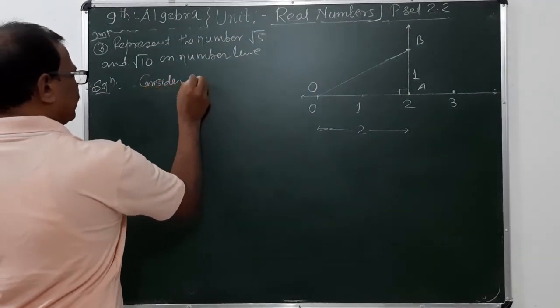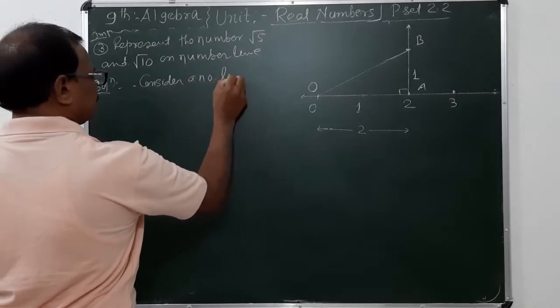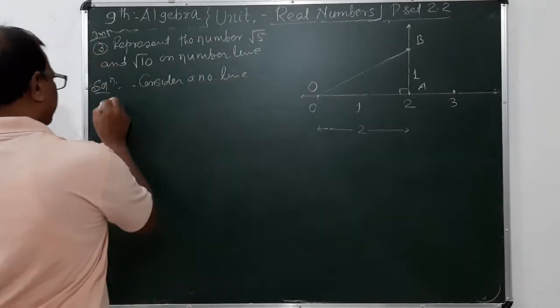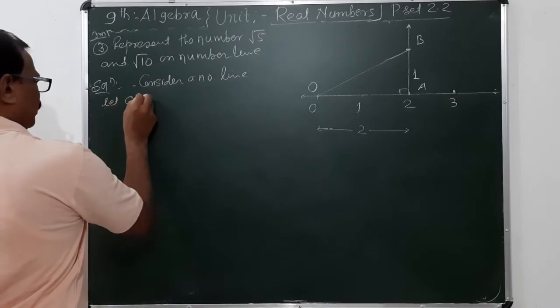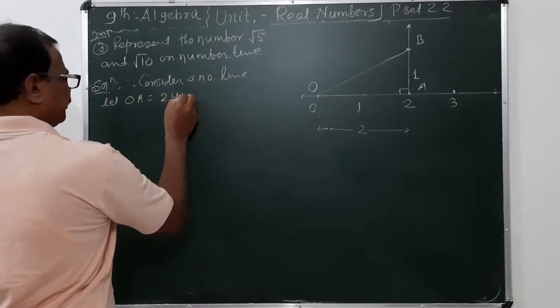Consider a number line. Let OA be equal to 2 units.